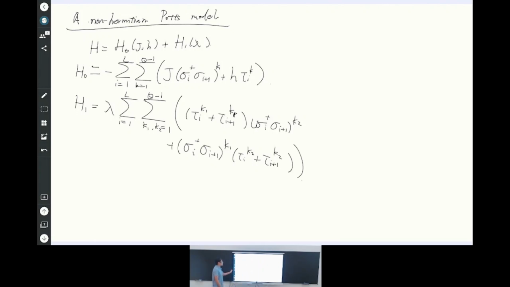Okay, so this new term involves a three-spin interaction term in this H1 Hamiltonian.